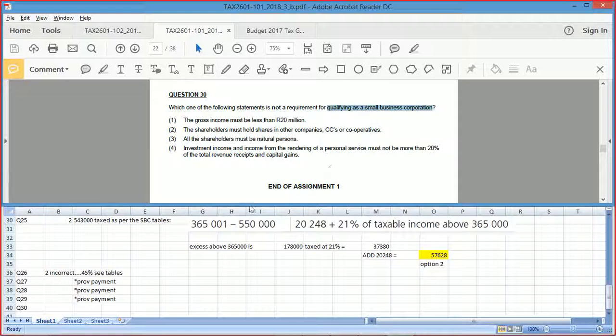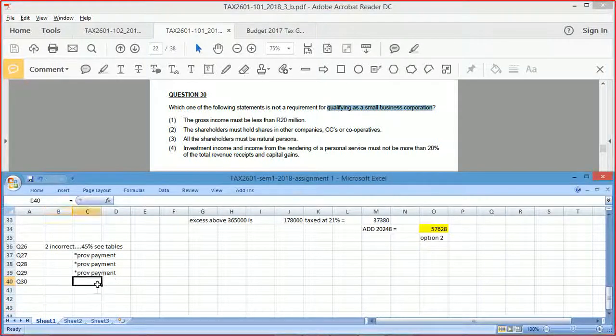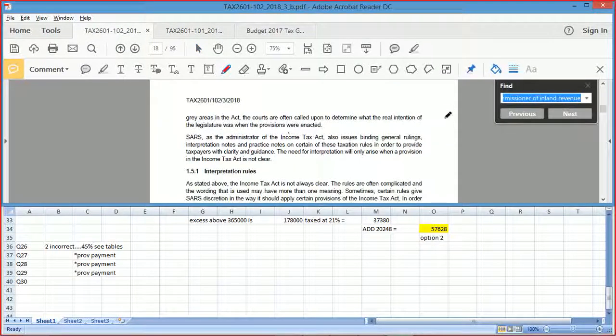With an SBC, we need to look at requirements that relate to a business that's larger than a micro business, but still small, that can be classified in its own group. To qualify as a small business corporation, gross income must be less than 20 million. As far as I can remember, that was correct. Let me just double check. I'm not too sure if it was 20 or 30.